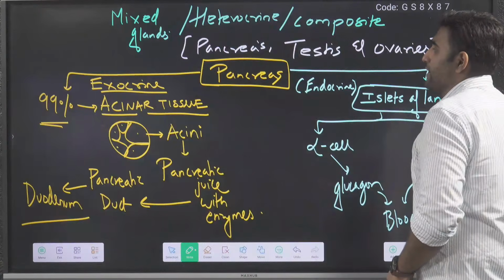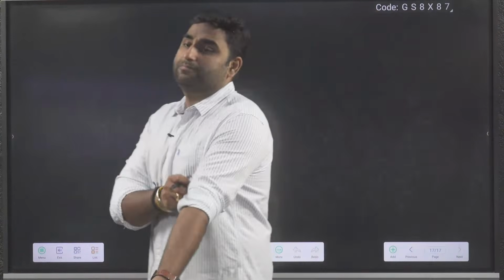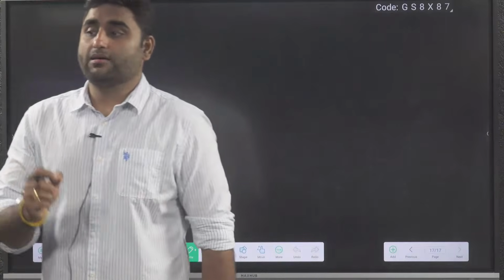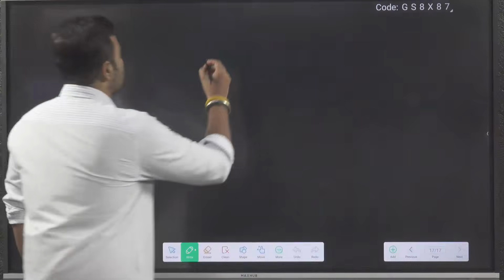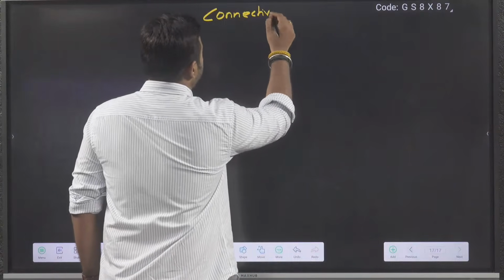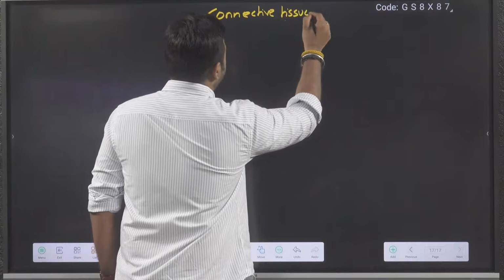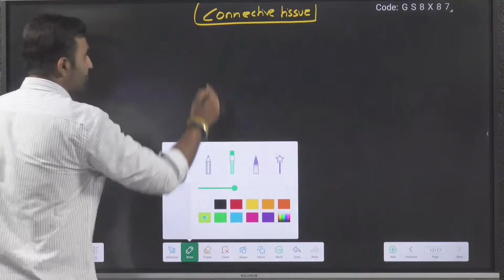Now let us go with the classification. Let's quickly classify connective tissue. Connective tissue is classified into three basic types. What are the three basic types?